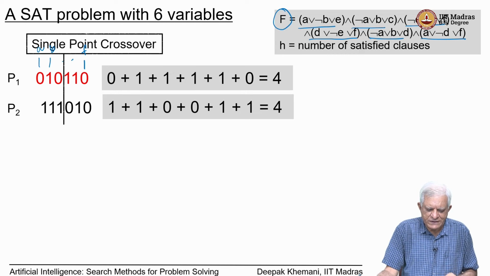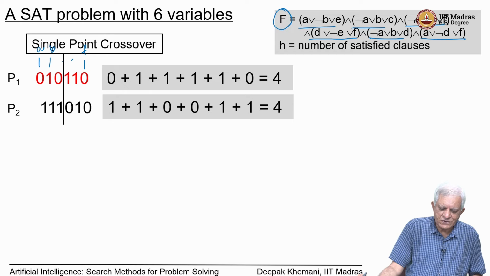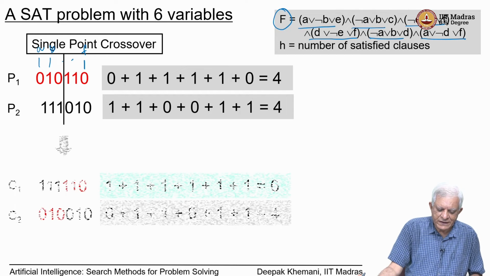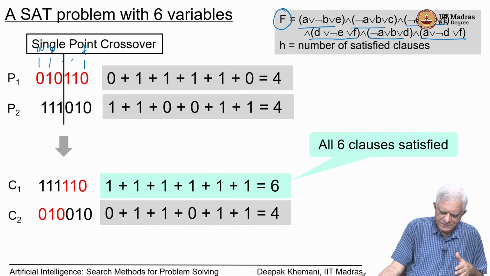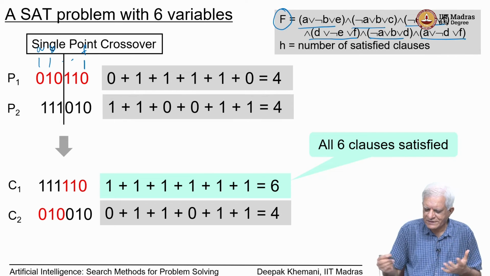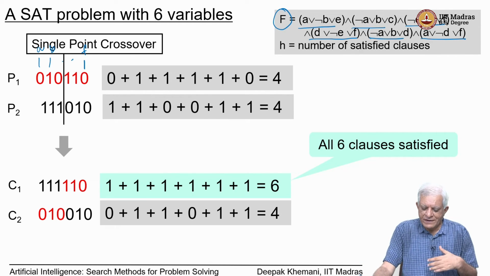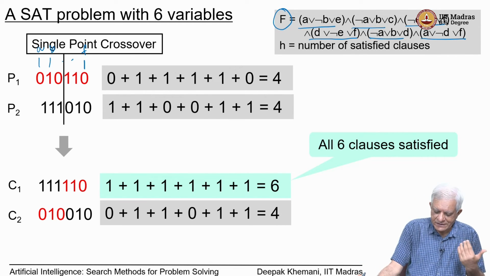But if you were to do this single point crossover as shown here, then you would get these new candidates, and you can see that one of the new candidates, which is C1, has all 6 clauses satisfied. So, it has improved. So, that is the idea of genetic algorithms, that you mix up the genes of your parents and hopefully you will come up with better candidates also.